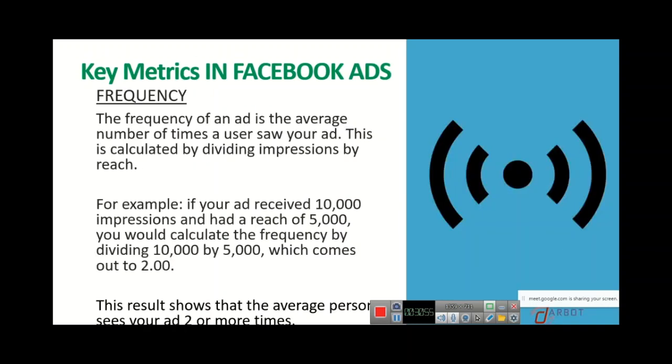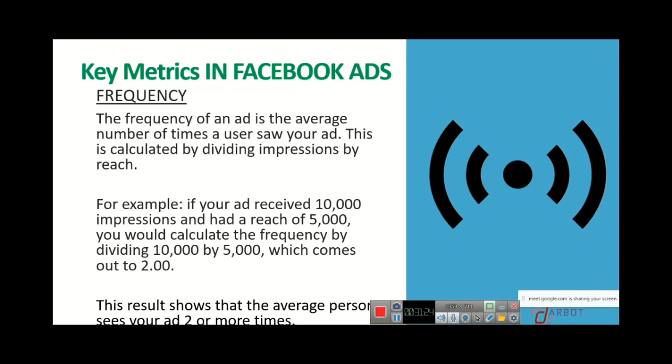Then your frequency. The frequency of an ad is the average number of times a user saw your ad. This is calculated by dividing impressions by reach. For example, if your ad received 10,000 impressions and had a reach of 5,000, you calculate the frequency by dividing 10,000 by 5,000, which comes out to 2.0. This result shows that the average person sees your ad 2 or more times.